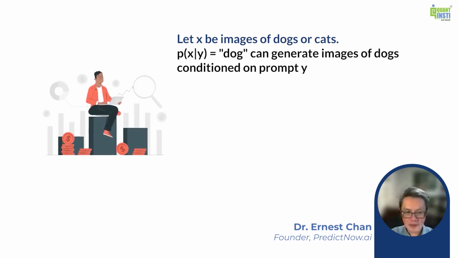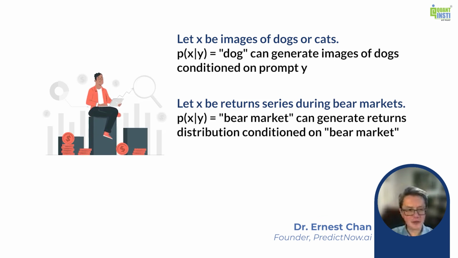In finance, if you apply the same analogy, the X would be, let's say, a return series, right? And if you don't have any condition, the return series for the US index, for example, is always going positive, maybe an average excess return of, let's say, 7% a year. But we want to know what is the distribution of X when we are in a bear market.